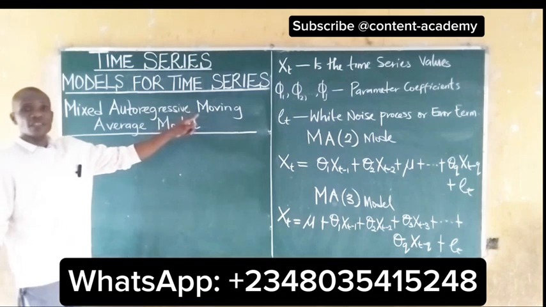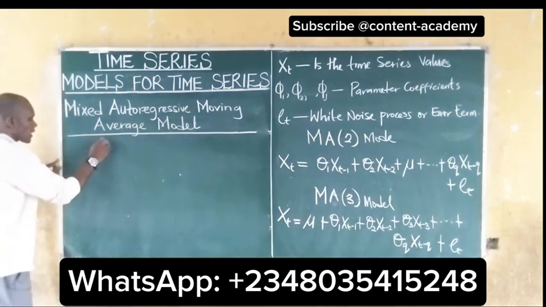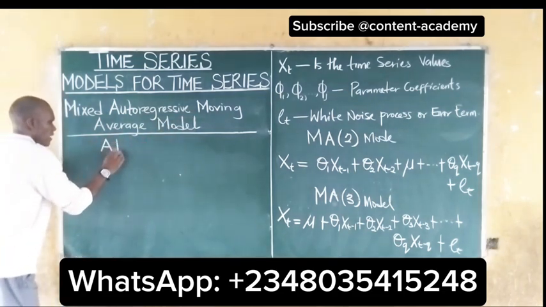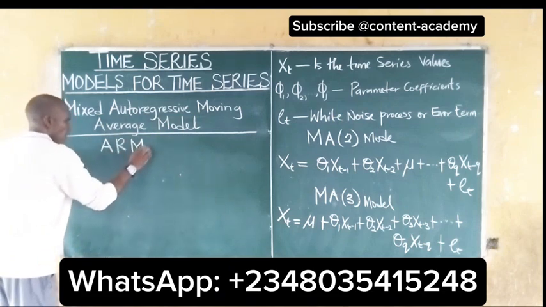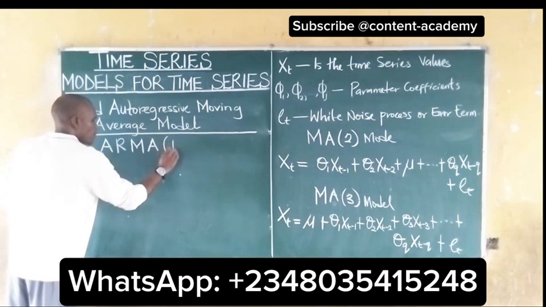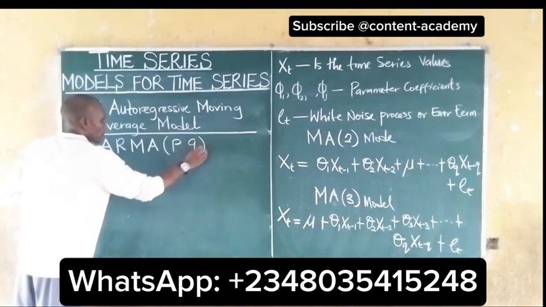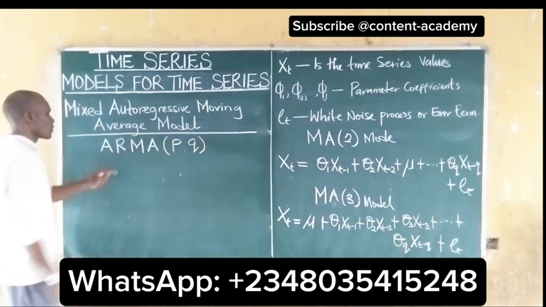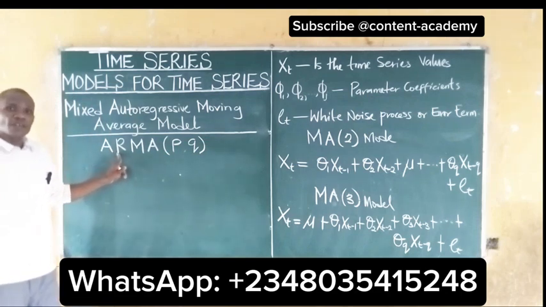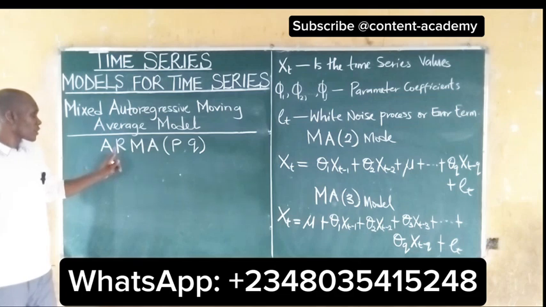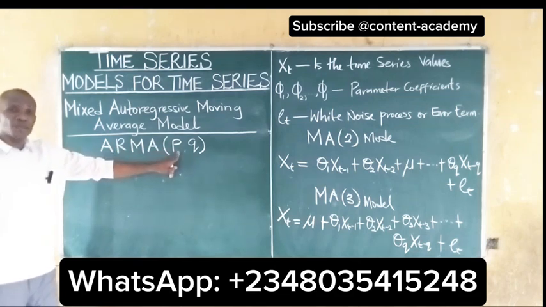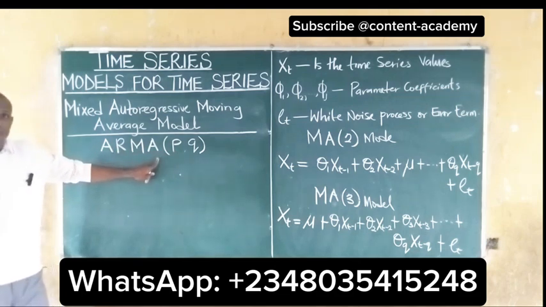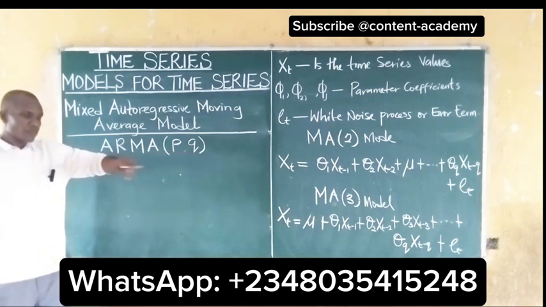The mixed autoregressive moving average model is denoted as ARMA of order p, q. The autoregressive model is of order p, while the moving average model is of order q.